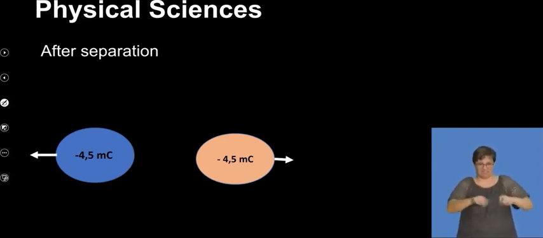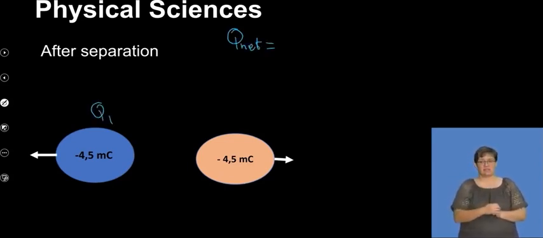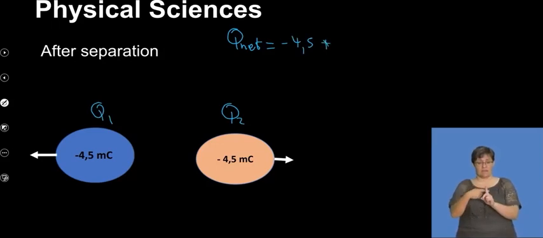But still, we maintain that Q net is equal to, that's still our Q1, and then that's our Q2. Our Q net is -4,5 plus -4,5. It takes us back again to -9 millicoulombs. Okay, so that's our Q net.